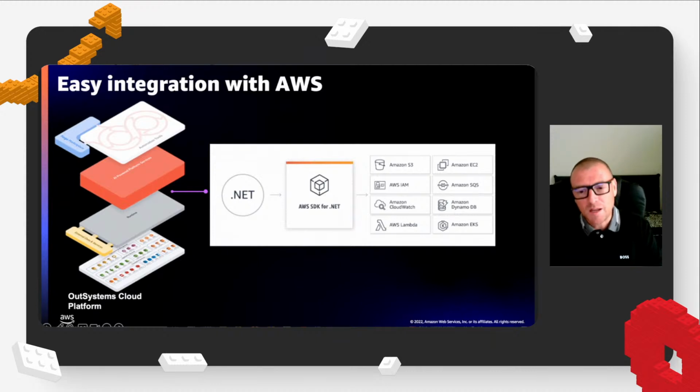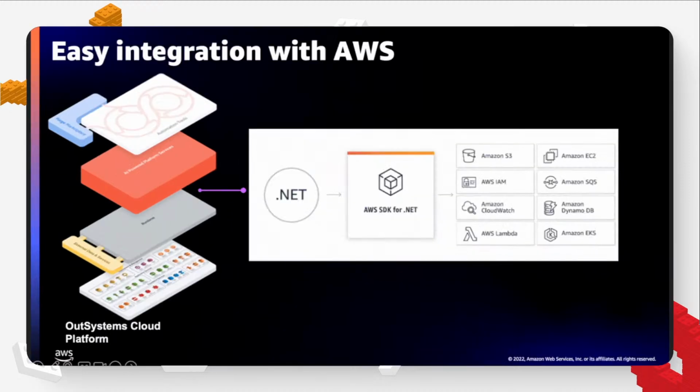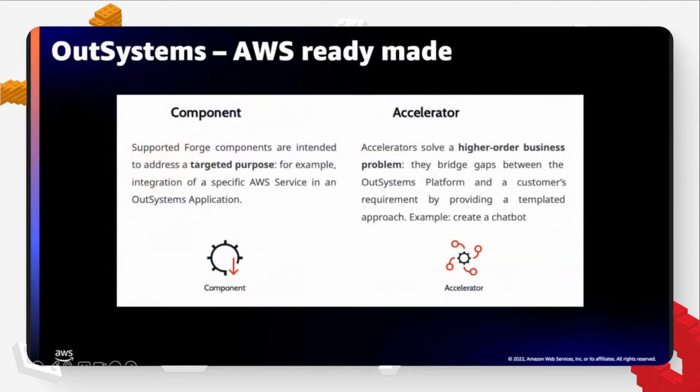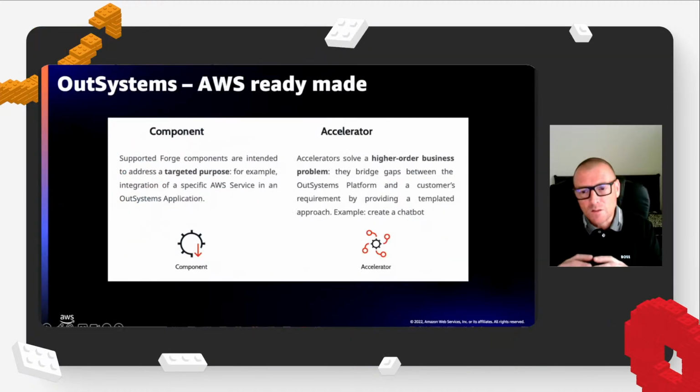But of course, you want to get moving a little bit more quickly, and to focus on application features more than digging into the API documentation. So OutSystems have made available a number of ready-made and supported components that accelerate your developer productivity. These are some of the things we're going to look at in the next couple of slides. The OutSystems team published two types of ready-made integrations, which makes things easier: components and accelerators.